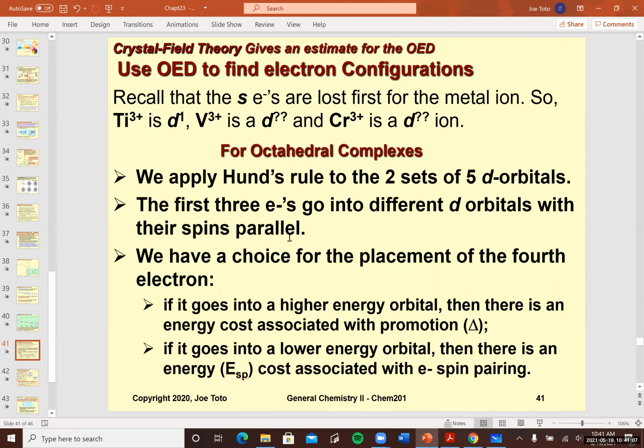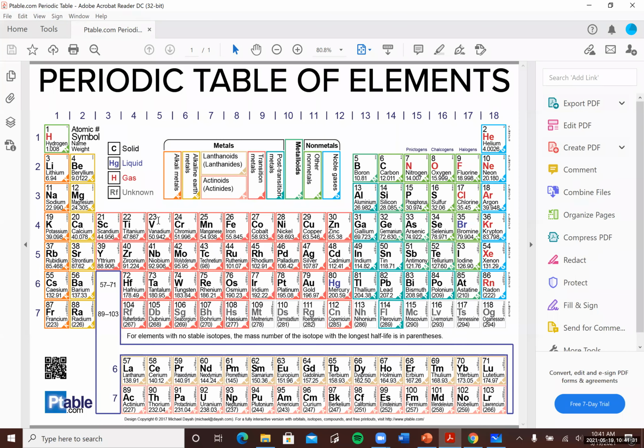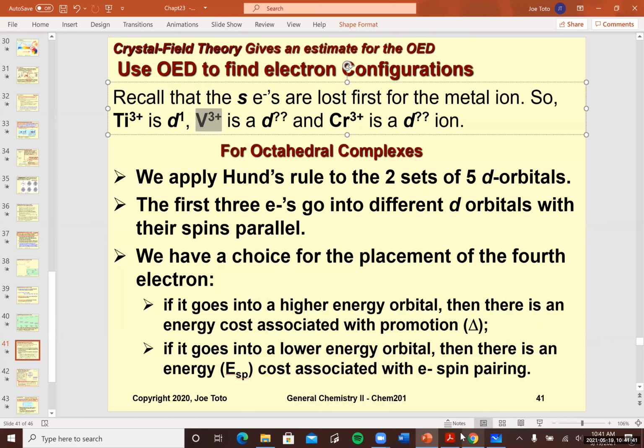All right. Now, you have to be able to figure out how many electrons there are in these different complexes. And we spoke about how to do that. So here's just some more practice. You know, what's vanadium 3+? It's a d2 system. You need to find vanadium right here. It's 23. And what was it? 3+.